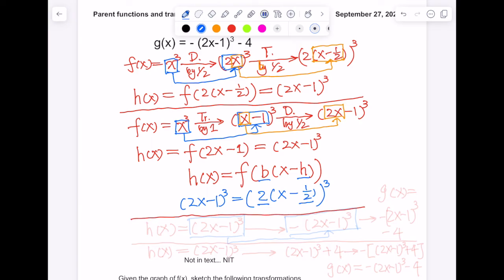Once you have h of x equals 2x minus 1 cubed, you will first do vertical dilation by negative 1.